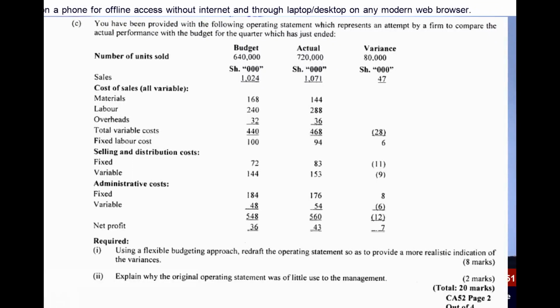So our session today is a continuation of what we've been doing, and I want us to handle an illustration question from our past paper in regard to flexible budget.